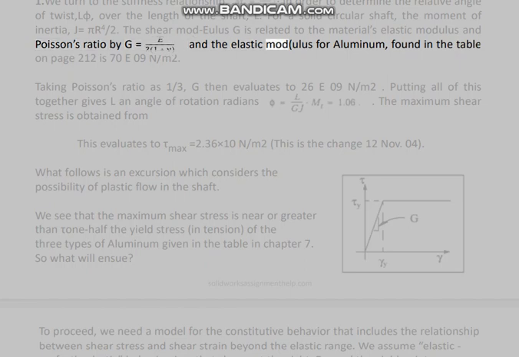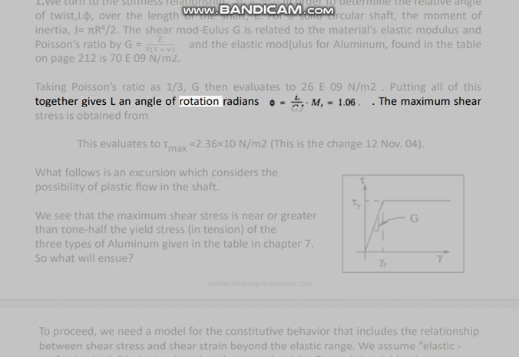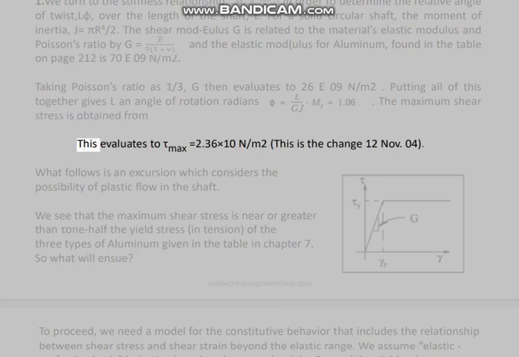The elastic modulus E for aluminum, found in the table on page 212, is 70 E09 N/m². Taking Poisson's ratio as 1/3, G then evaluates to 26 E09 N/m². Putting all of this together gives the angle of rotation in radians. The maximum shear stress is obtained from τ = Tr/J, which evaluates to τ max equal to 2.36 times 10⁸ N/m².